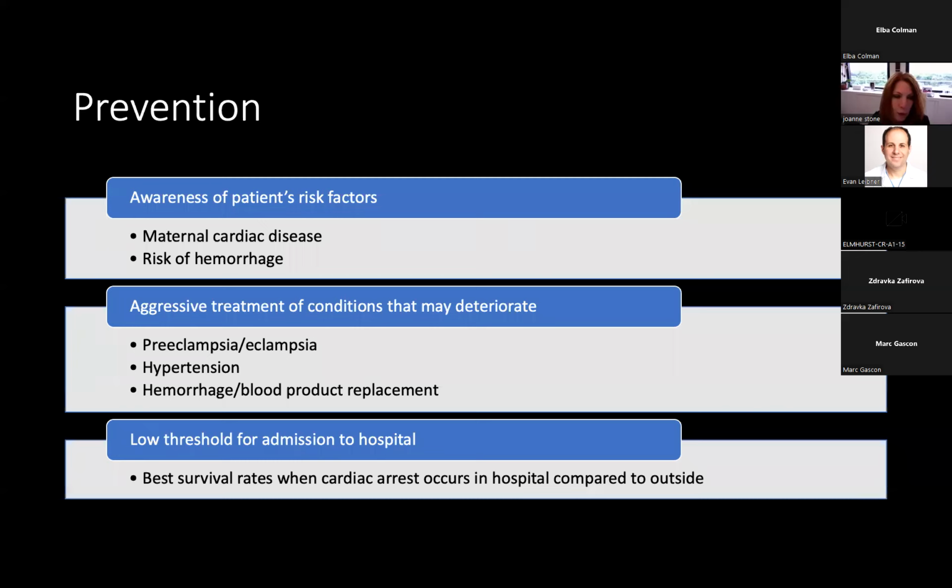We talk about certainly the risk of hemorrhage, aggressive treatment of conditions that might deteriorate, so hypertension, and again, hemorrhage with blood product replacement. And really important to keep in mind a very low threshold for admission to the hospital. This is really because the survival is best when the cardiac arrest occurs in the hospital as compared to outside of the hospital. So if there's any question about symptomatology, it's better to admit the patient and work her up.